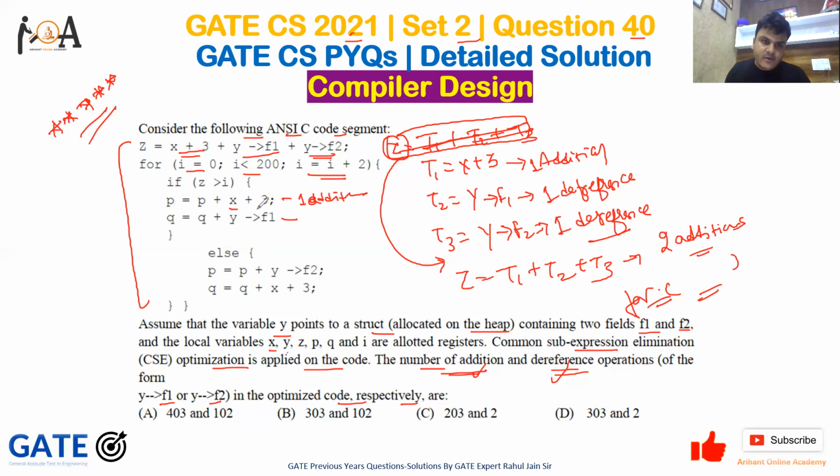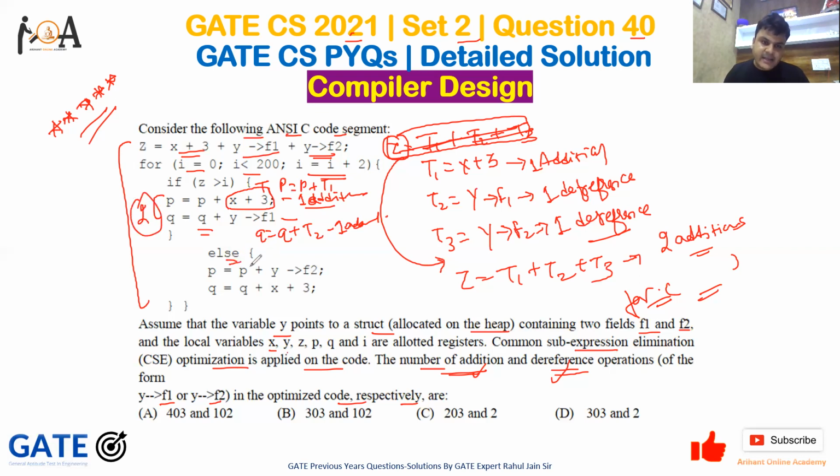I can write it like p equals p plus t1, since x plus 3 can be written as t1. So one addition is there. And I can write q equals q plus t2. So another addition is there, right? So in this loop, I have two additions.